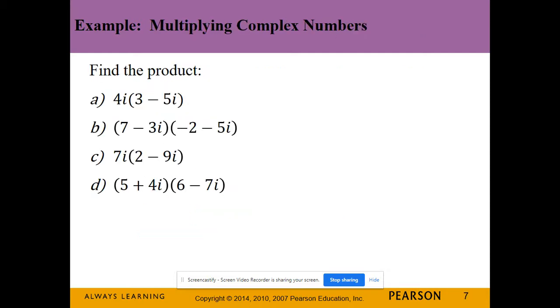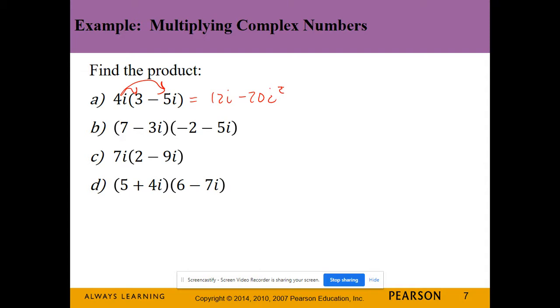For multiplying, again, you're going to simplify these expressions the same way you would if the i was just regular x. However, if you end up with i squared, we will be simplifying it because we know that i squared has been defined as negative 1. So let's distribute here. 4i times 3 is 12i. 4i times negative 5i is negative 20i squared, right?